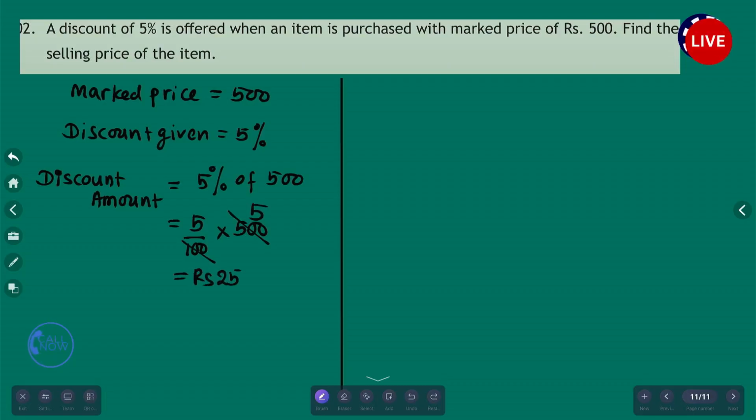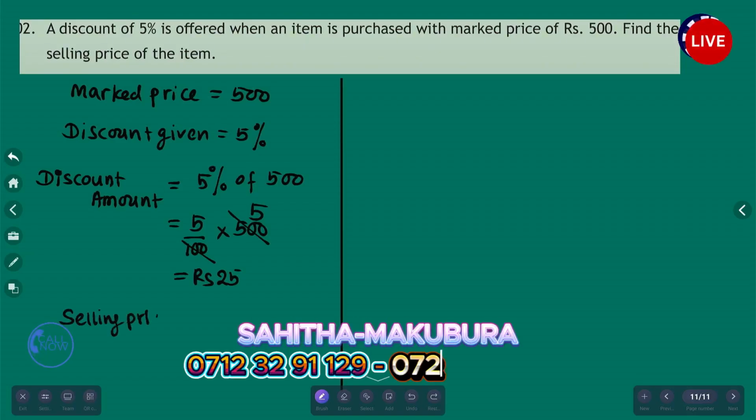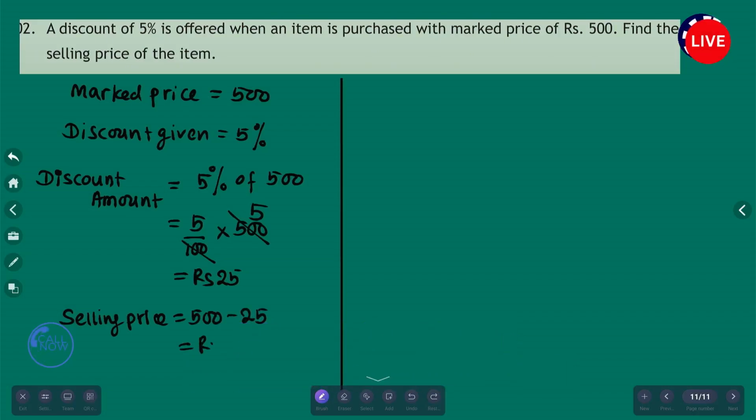What is it asking us? It asks us to find the selling price of the item. Therefore, the selling price is 500 minus 25, which is 475 rupees.